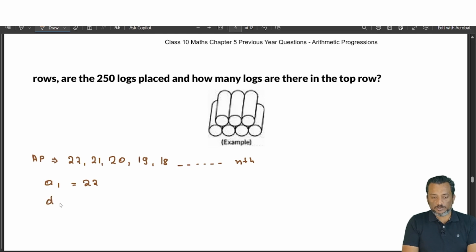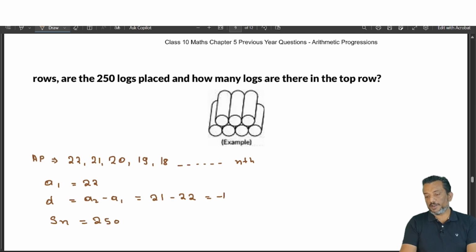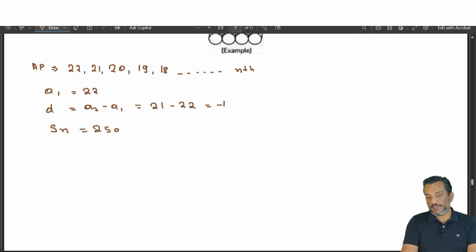And d is equal to A2 minus A1, where A2 is 21, so 21 minus 22 gives you minus 1. And Sn is given, that is 250. Okay, clear? So basically here we have to find n.